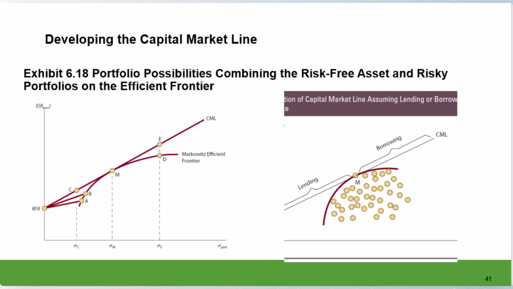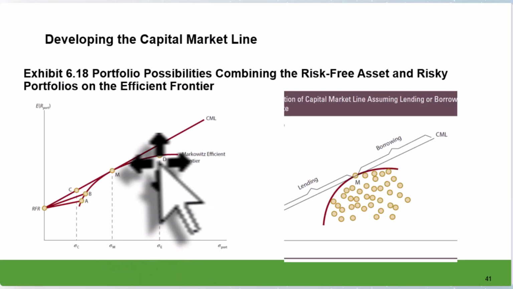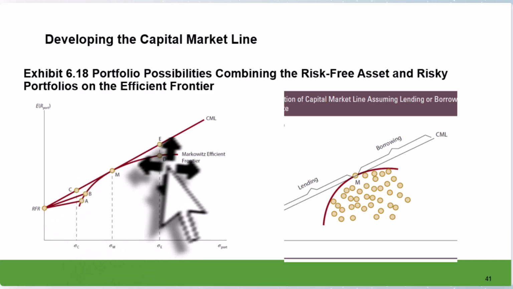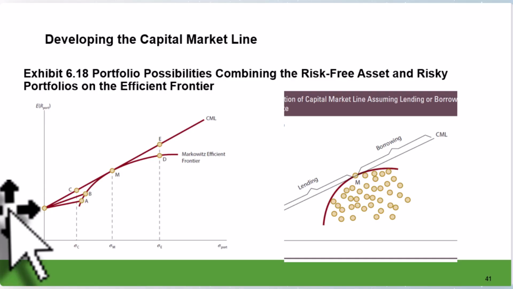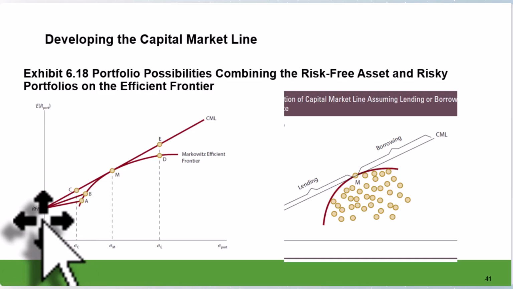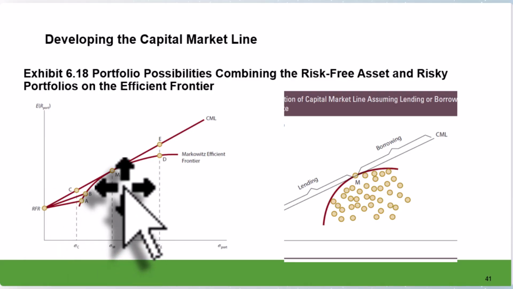Now, how do we find this capital market line? Let's go back to the efficient frontier. That's this curve here. The capital market line is a combination of the risk-free asset out here on the vertical axis and the market portfolio. That is M, this market portfolio here.